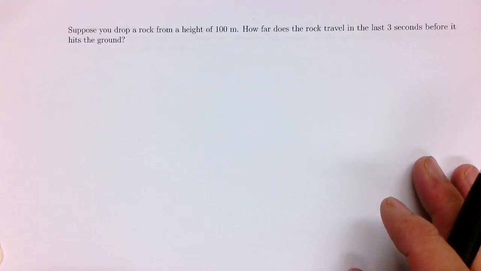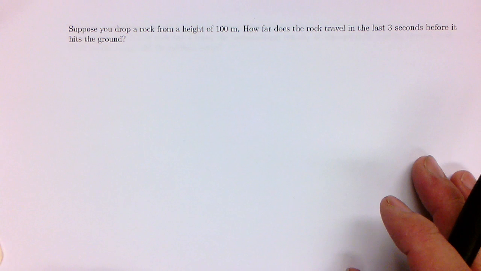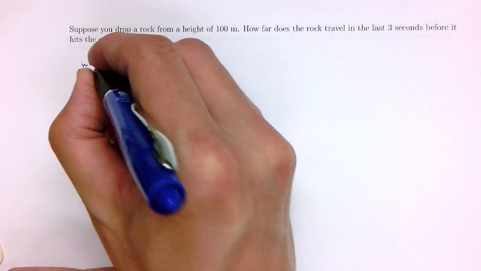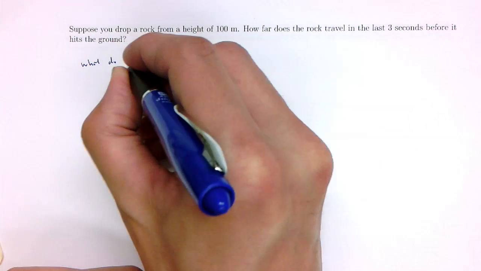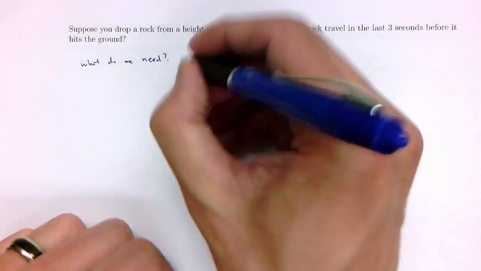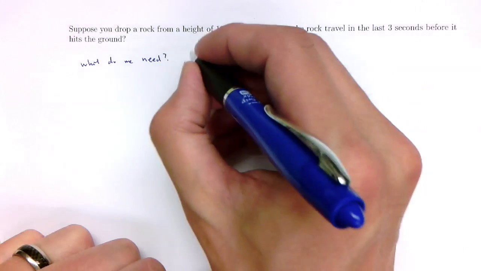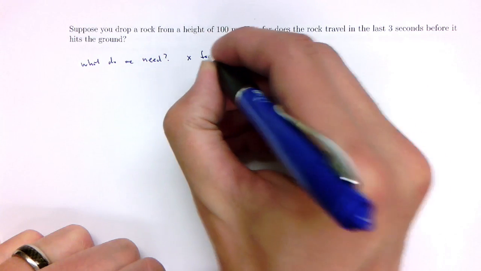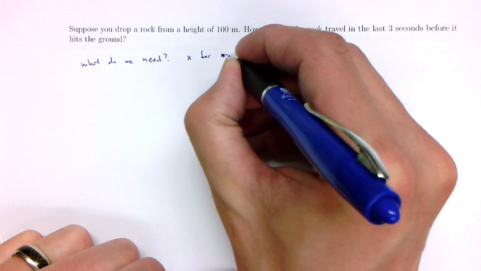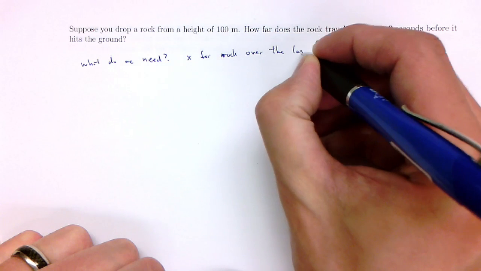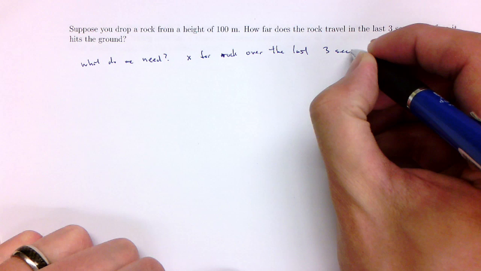Now, in order to solve this problem, let's consider all the information that we have. So what do we want? What do we know? What do we need? Well, we need to know basically how far the rock falls, so x for the rock over the last 3 seconds.